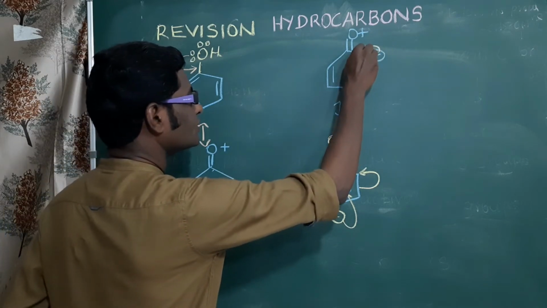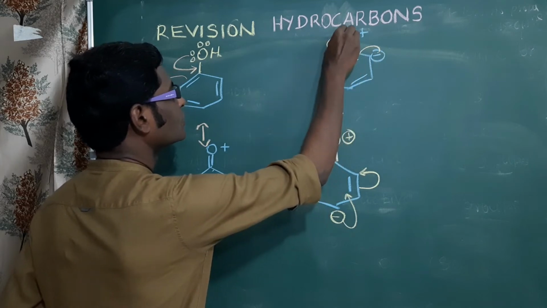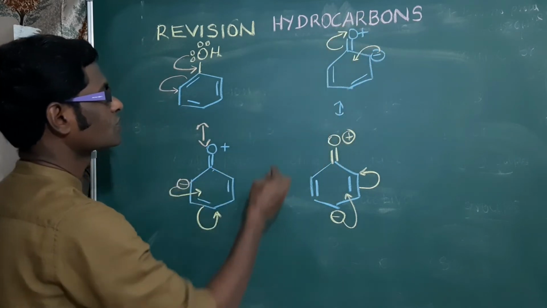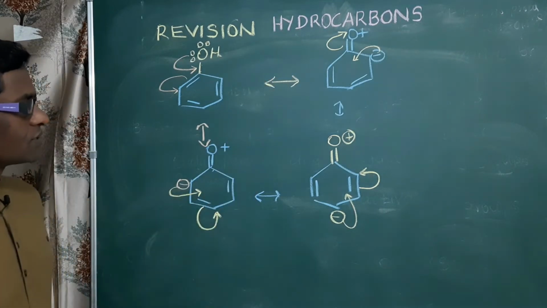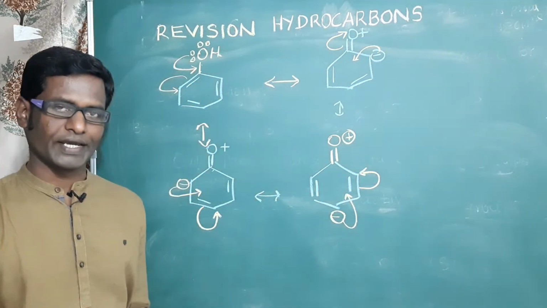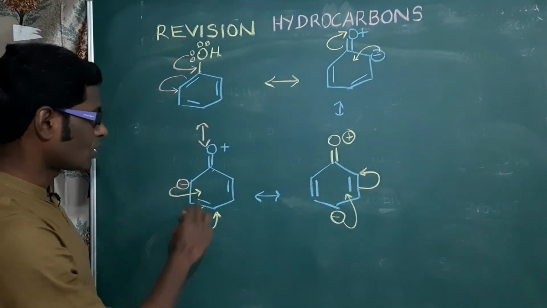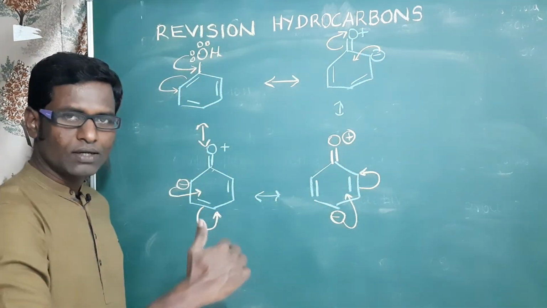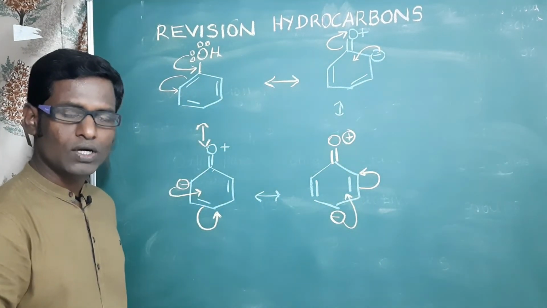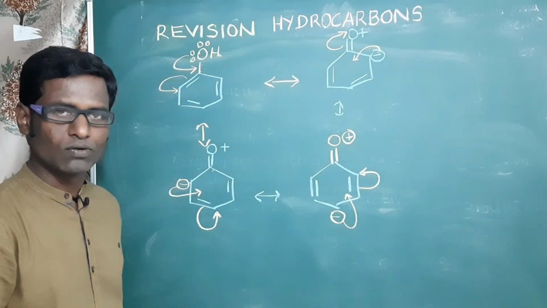Finally, this electron shifted towards the neighbor carbon atom. Then this electron moving towards the oxonium ion. This resonance structure of phenol explains the increase in electron density in ortho and para positions. So the incoming electrophile is oriented towards ortho and para positions. So they are called ortho and para directing groups.